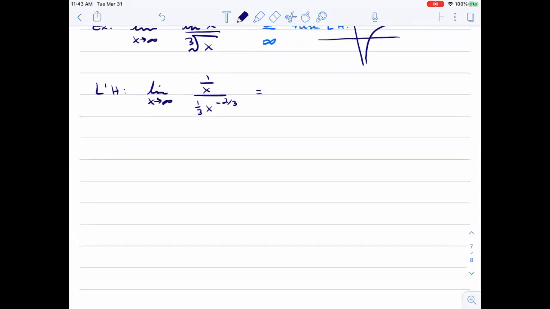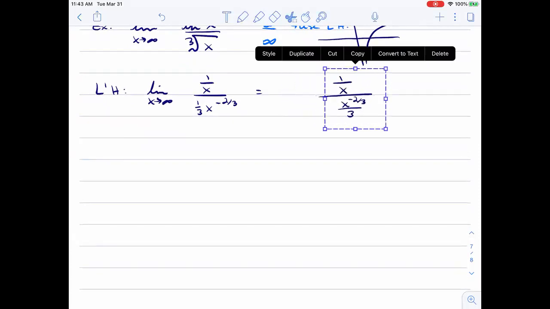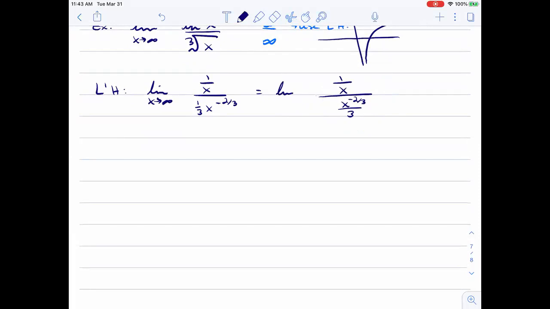And I can rewrite this as a fraction over a fraction. Oh, whoops, what did I forget? My limit. My limit hangs tight here.